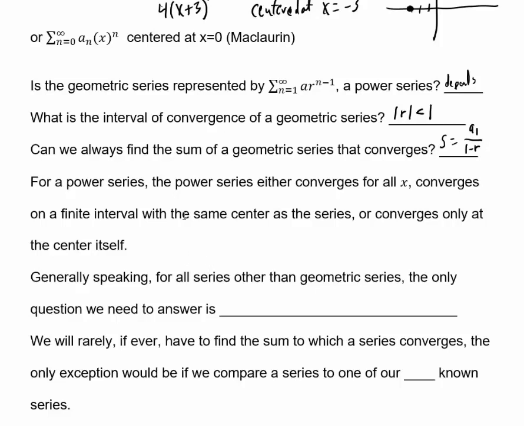So generally speaking, for all series other than geometric series, the only question that you're going to need to answer is, where does this series converge? You'll rarely, if ever, have to find the sum to which a series converges. The only exception would be if you compare that to one of our 4 known series, which again, you don't have to memorize this year.